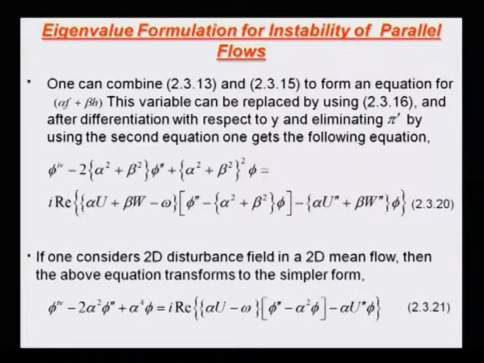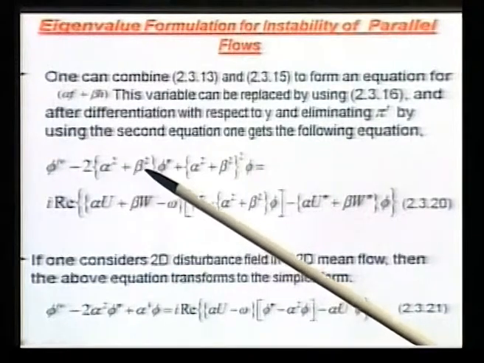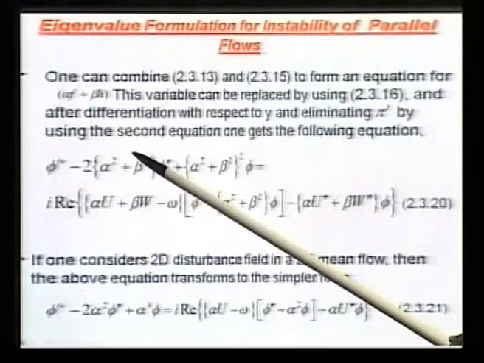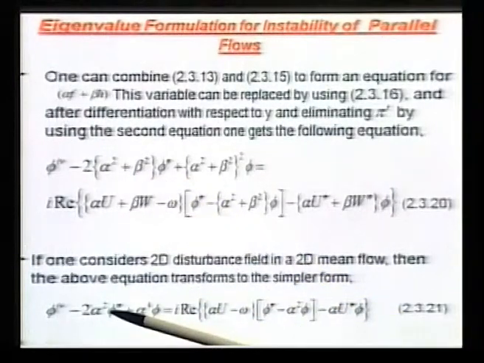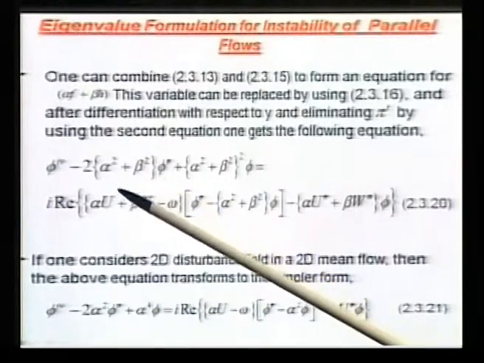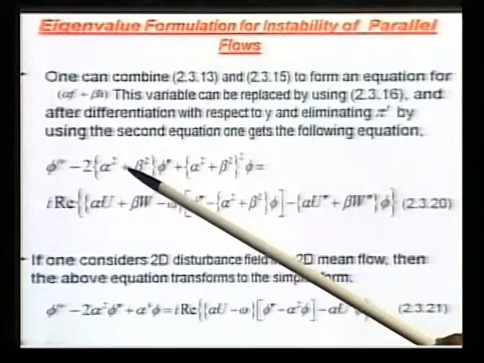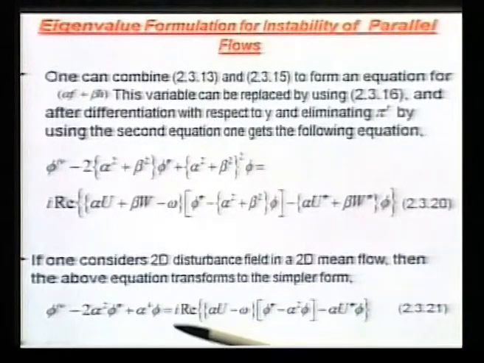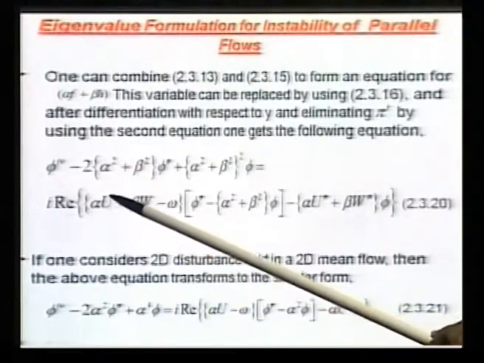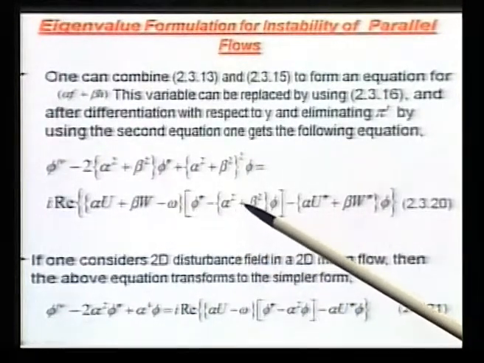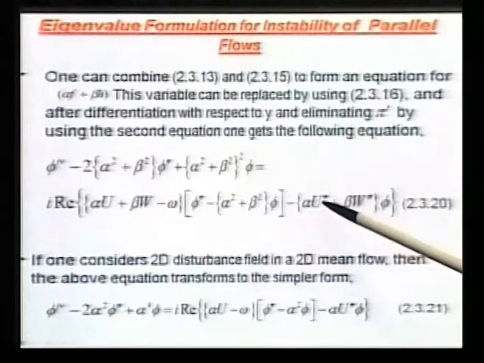So, this becomes phi 4 minus 2 alpha tilde square, and you can see there is a commonality between that term and this term. The only thing is, instead of alpha square here, I have replaced alpha square plus beta square by alpha tilde square. The same will also happen here. And on this side, only this term survives, this goes away. This is alpha tilde square once again.